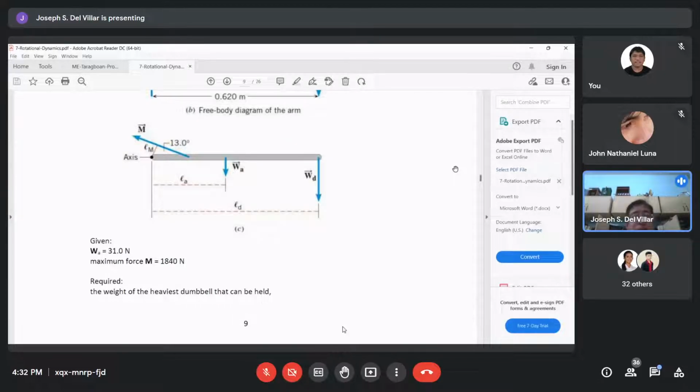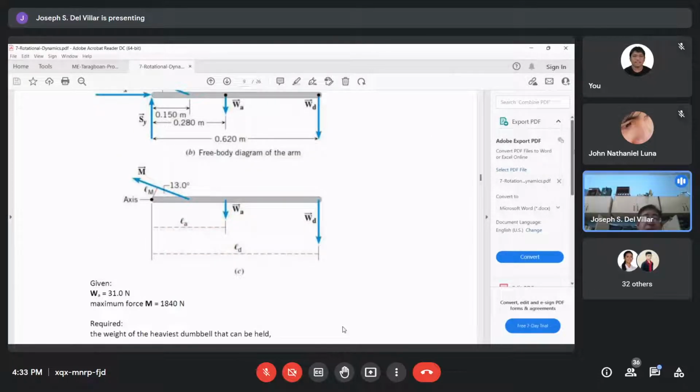You just divide by 0.62, right? The 1,840 sine 13 times 0.15 minus 31 times 0.28 all over 0.62. What is WD?